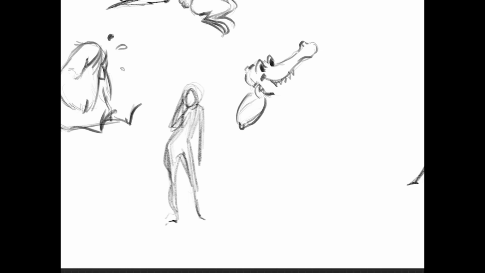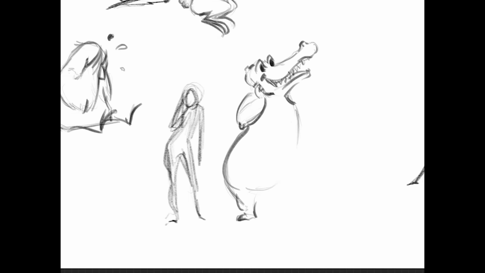And also the teeth. And it sort of has the hip out there, so we want to have that sort of sway in it.